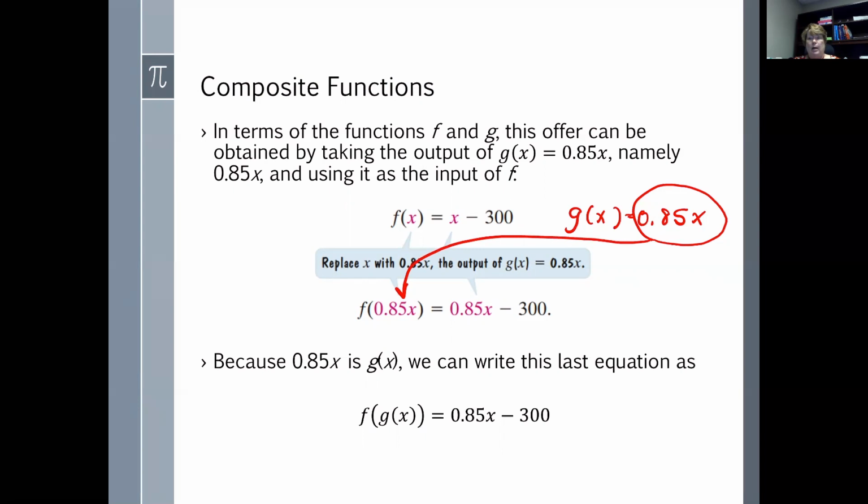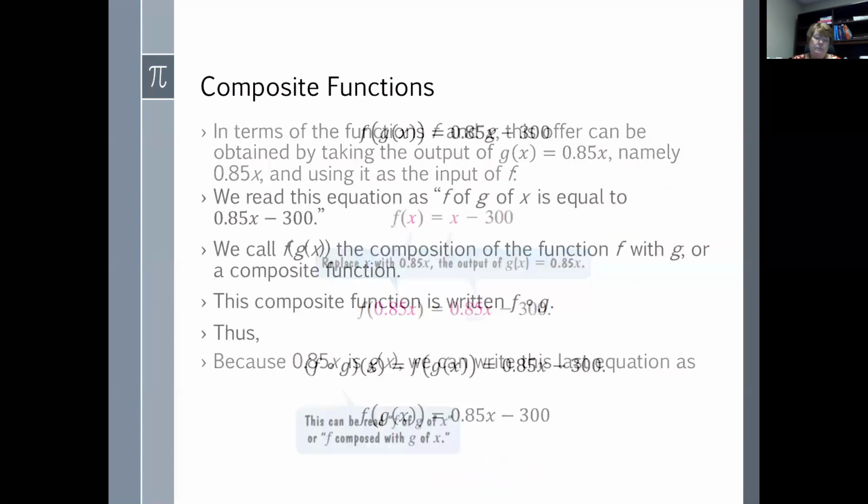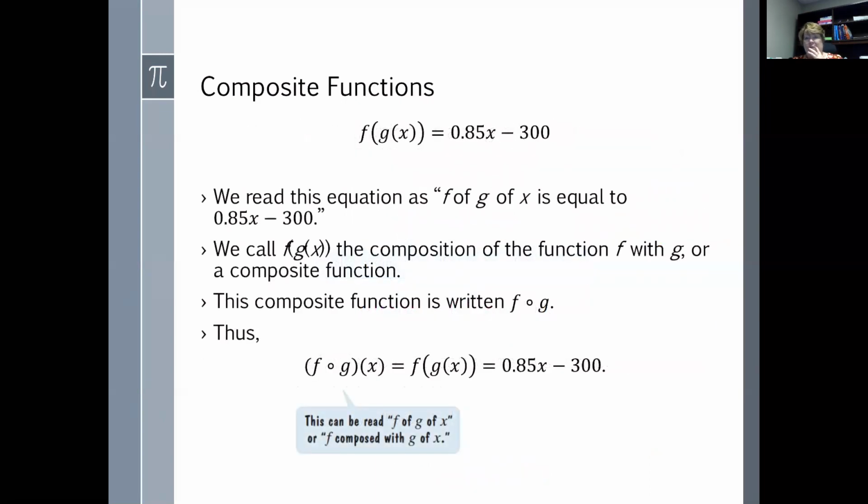And that's exactly what a composite function does. When you take the output of one function and make it the input of another, that's a composite function. So f of g of x is 0.85x minus 300.